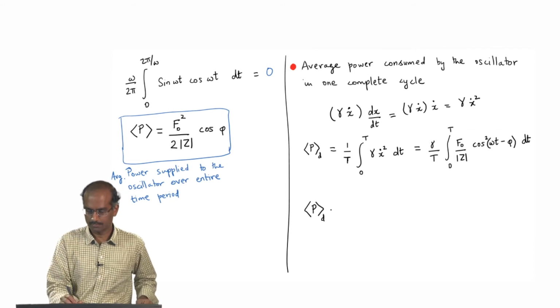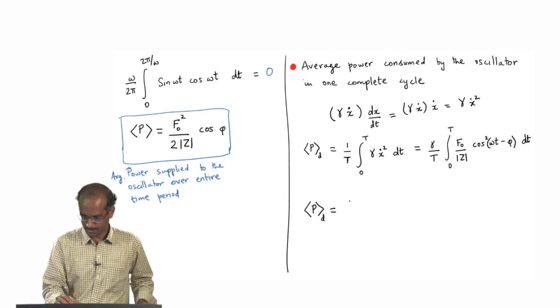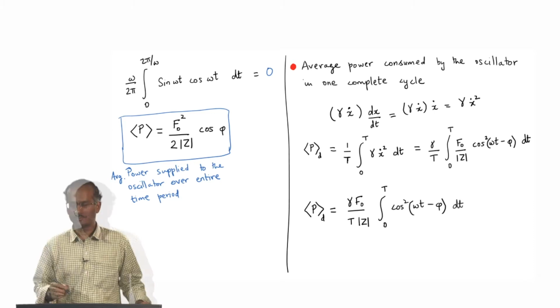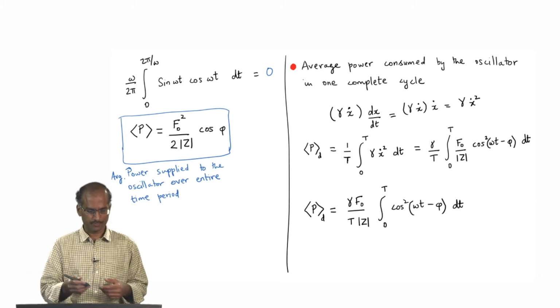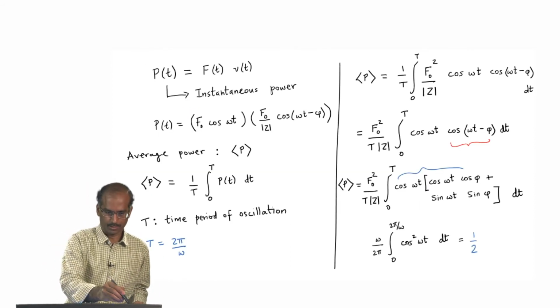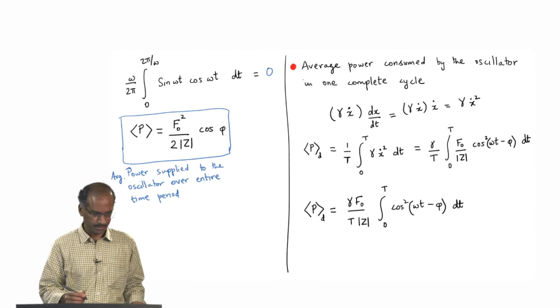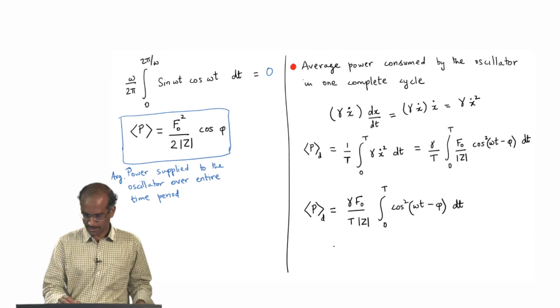Average P, average power dissipated, is equal to gamma f 0 by t into modulus of z, integral 0 to t cos square omega t minus phi. So, if you remember, this is the integral that we already did. So, we should be able to just use this result back in here, and if I do that, the final result would turn out to be the following.